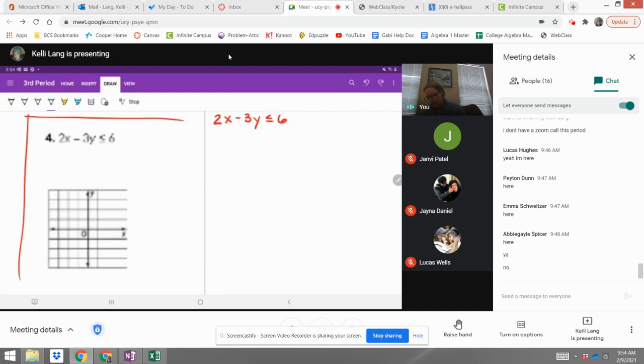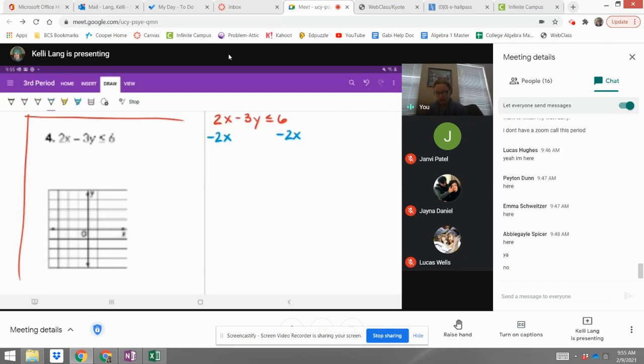We always will try to get rid of the other term first by subtracting. So the first step is going to be to subtract 2x from both sides. Normally, it would be both sides of the equal sign, but this time it's both sides of the inequality sign.